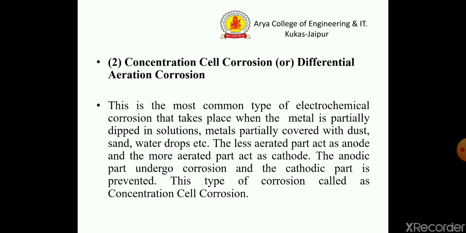The less aerated part acts as anode and the more aerated part acts as cathode. The anodic part undergoes corrosion and the cathodic part is protected. This type of corrosion is known as concentration cell corrosion.